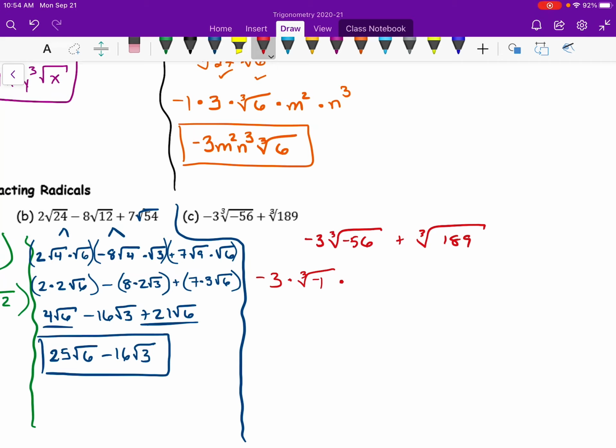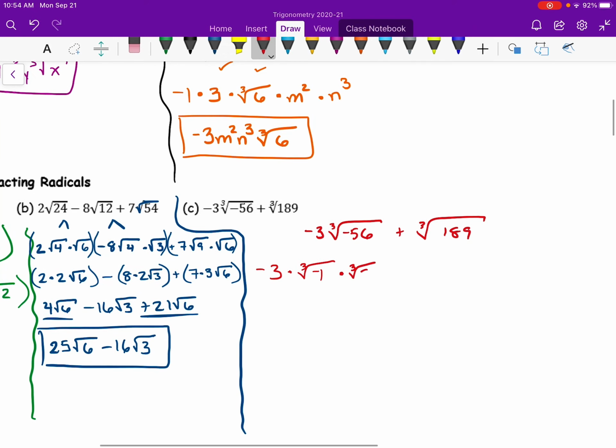So you got 1, 8, 27, 64. So 56 divided by 27 doesn't work. And then let's go next one down. 56 divided by 8, that should work. It's 8 times 7. You got cube root of 8 times cube root of 7.